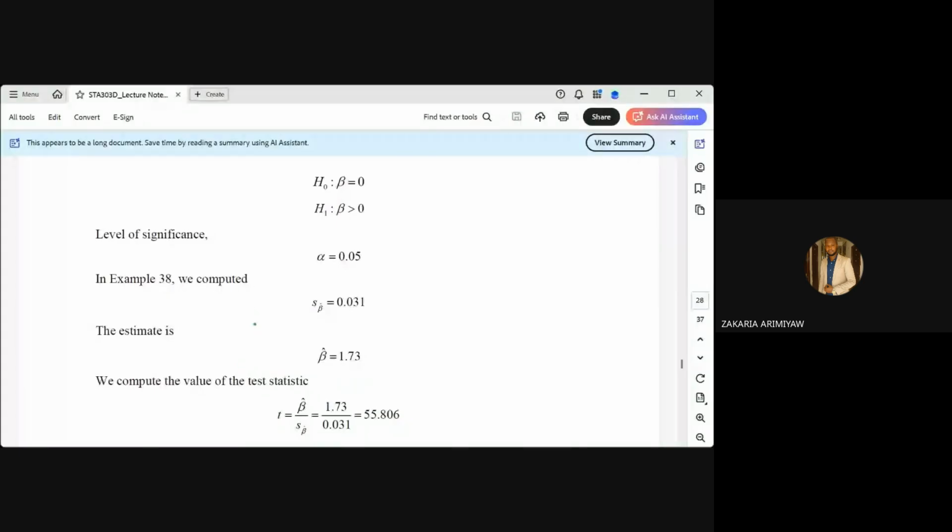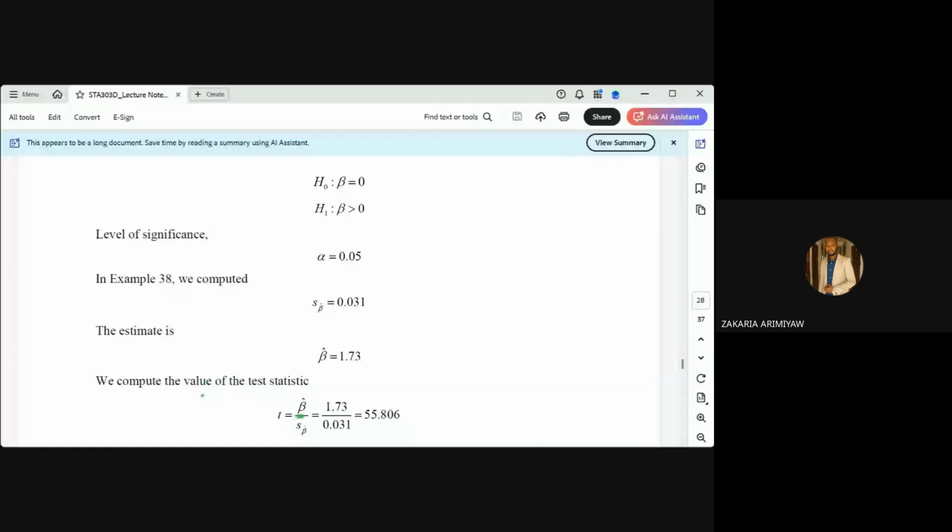At this stage, all the information we need to find the value of the test statistic is given. So we simply put the test statistic. In this case, it is t equal to beta cap minus beta. But because under H naught the beta is 0, we decided not to show the second term in the numerator. It was going to be beta cap minus 0, which is beta cap.